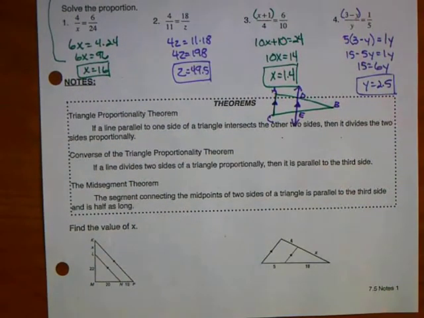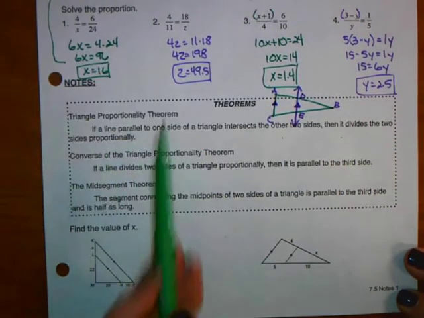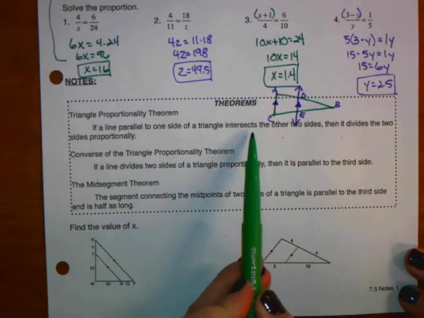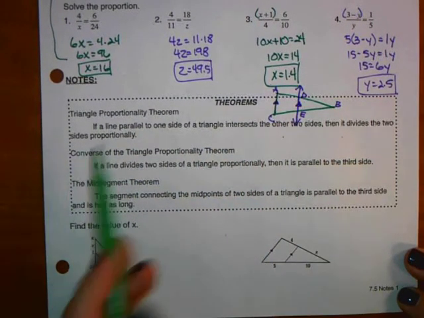All right, so what this theorem says, and you're working with parallel lines: if a line parallel to one side of a triangle intersects the other two sides, then it divides the two sides proportionally.